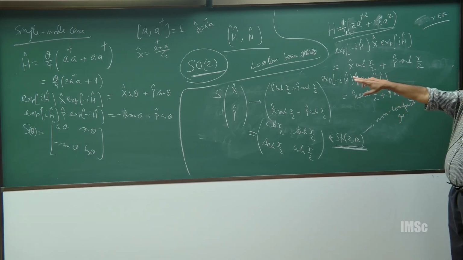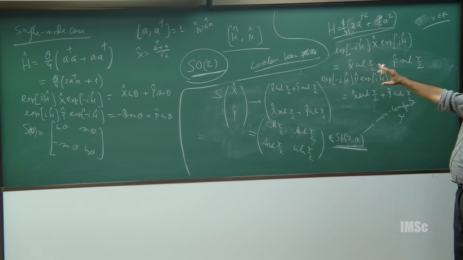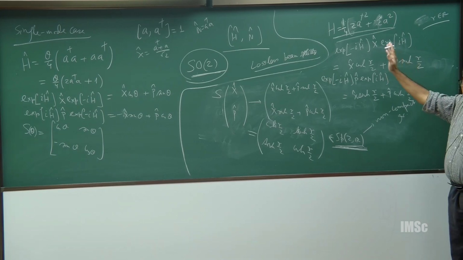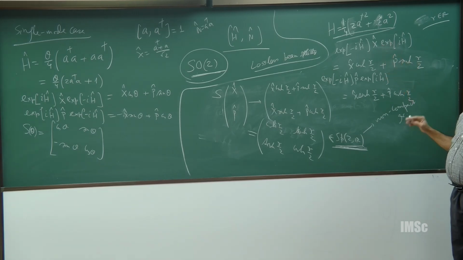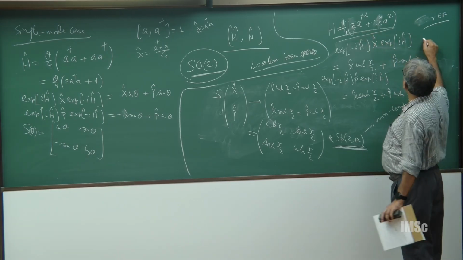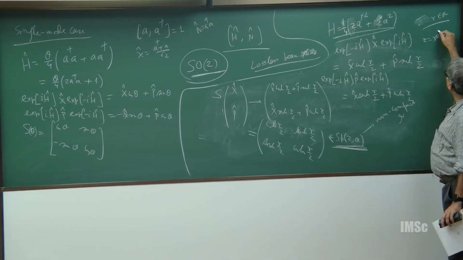You can do first rotation and then squeeze, or squeezing and then rotation; these will give different results. Essentially z can be written as r e to the power i theta.